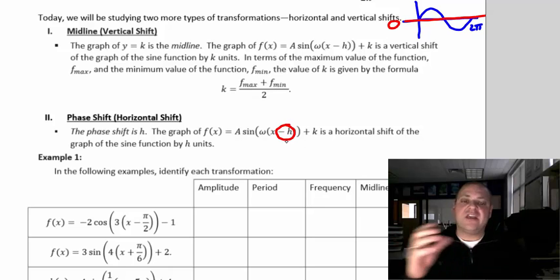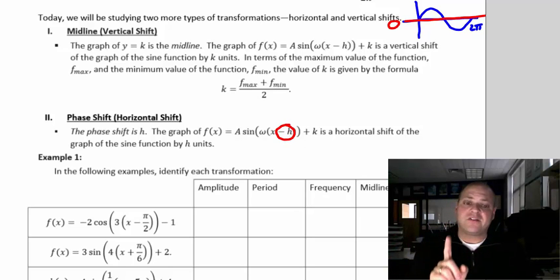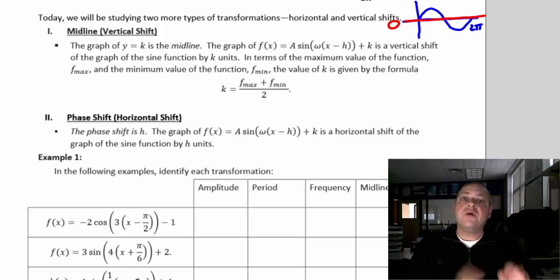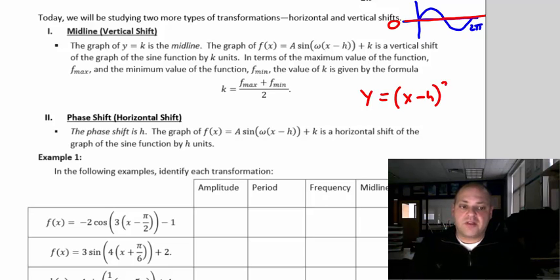The h is the phase shift, and it's the opposite direction. So it's very similar to parabolas. Remember vertex form, y equals x minus h squared plus k? Say it was y equals x minus 3 squared plus 5. The vertex would be 3, 5.